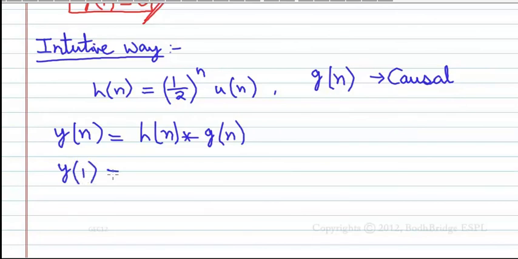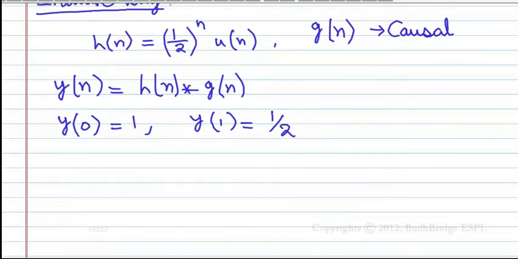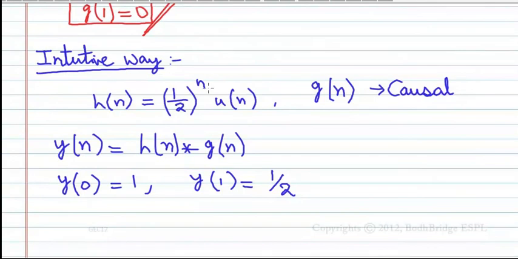Y of 1 is equal to, first he has given y of 0 is equal to 1 and y of 1 is equal to 1 by 2. Since y of 0 equal to 1 and y of 1 equal to 1 by 2, I can say that 1 by 2 whole power 0 is the first one, 1 by 2 whole power 1 is the second one.